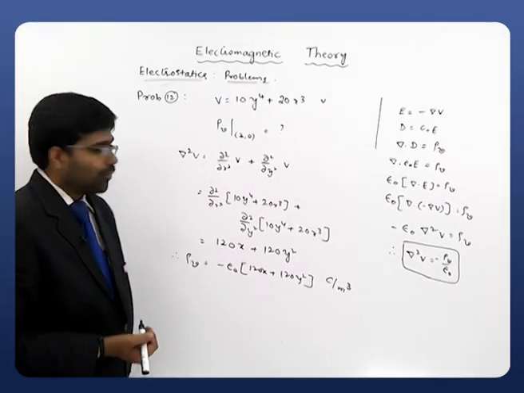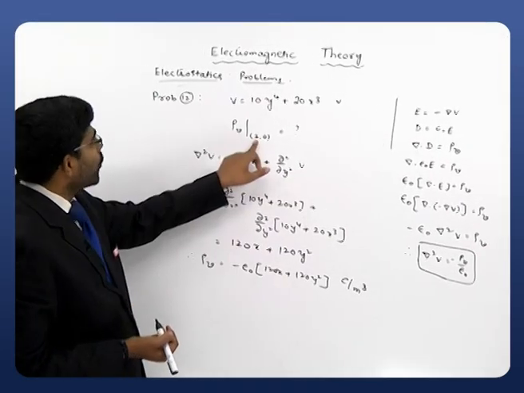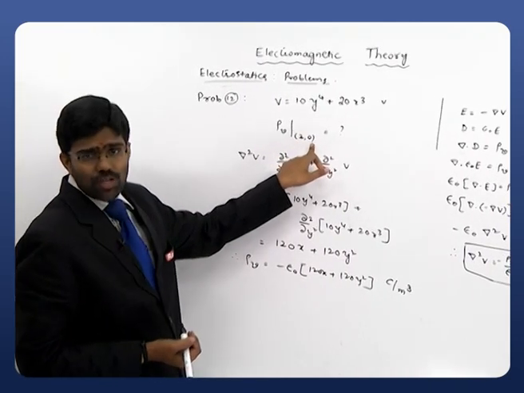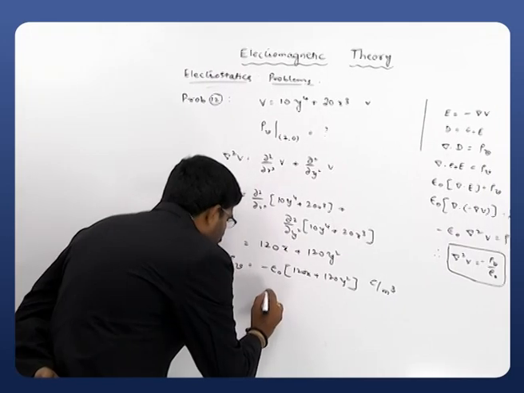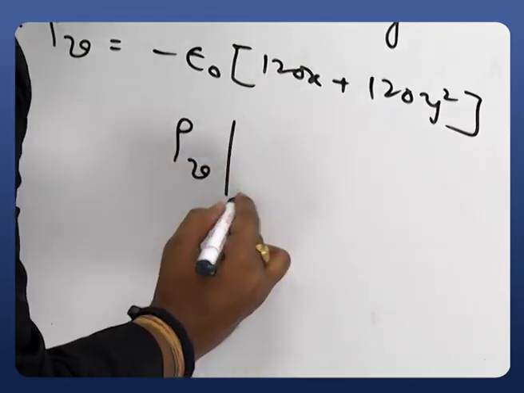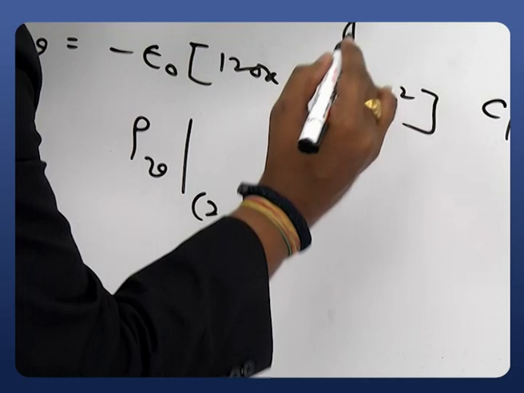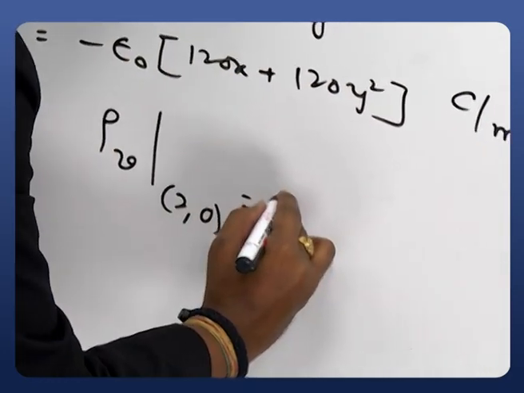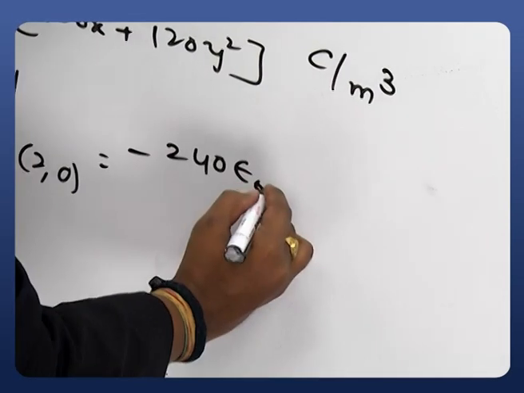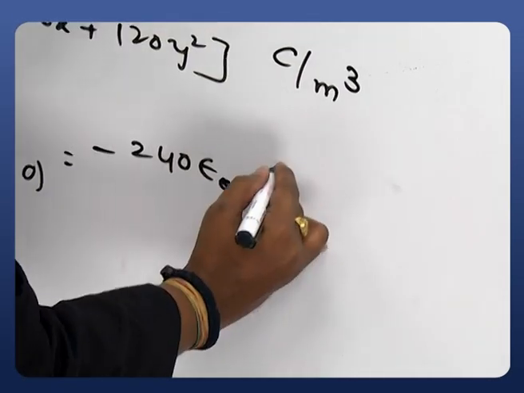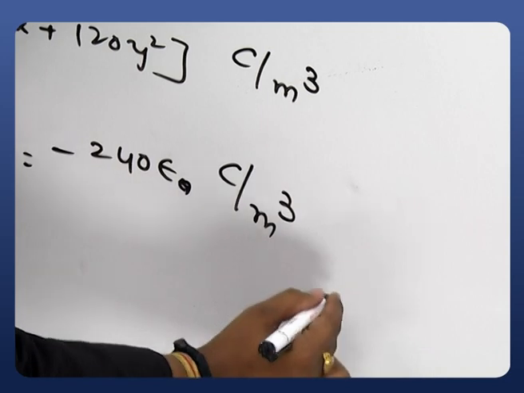But this rho V will be calculated at a point x equal to 2, y equal to 0. So substitute x equal to 2 and y equal to 0 here. Then the value for rho V at (2, 0) becomes 120 into 2, that is minus 240 epsilon naught, plus this term becomes 0, coulomb per meter cube.